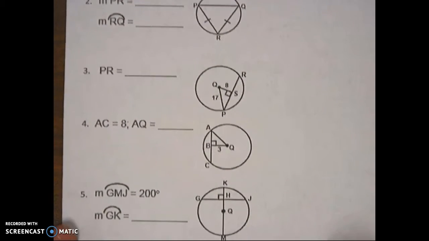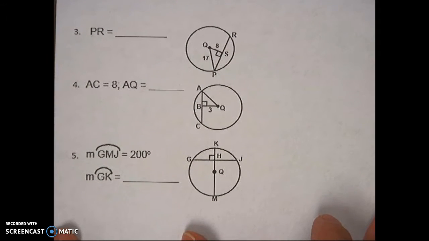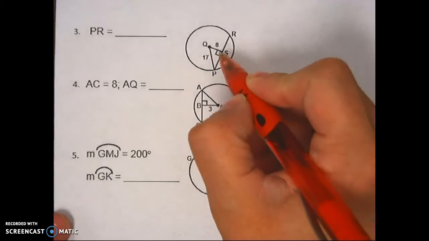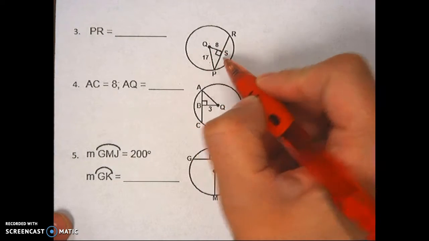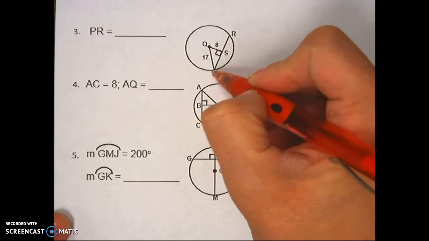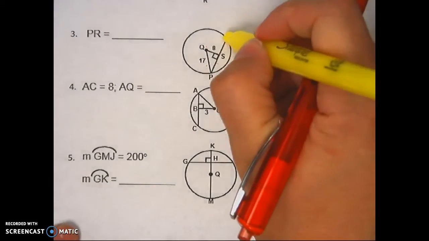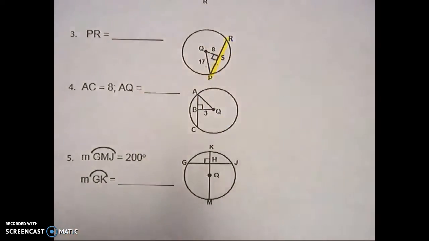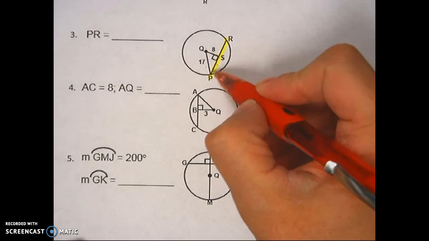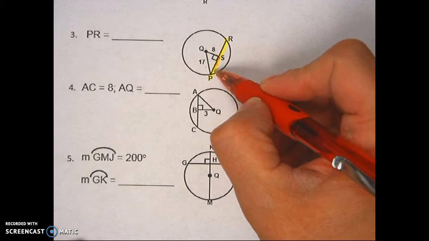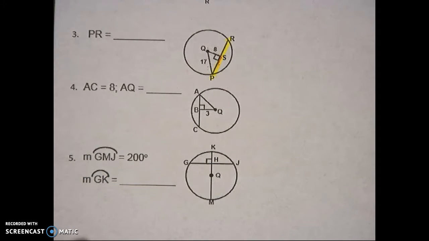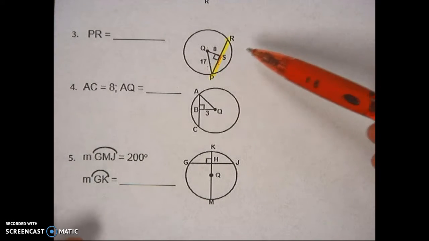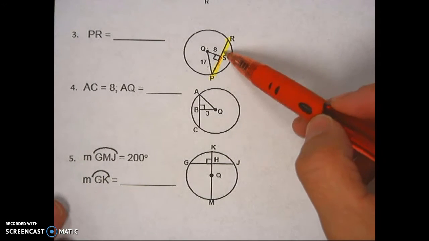Another one I wanted to point out is number 3. You have a right triangle, which means that I can set up the Pythagorean theorem to find this missing side. You're looking for the whole length PR. But if I could find PS, I know that PS is a radius, and I could basically double it to get this other side.